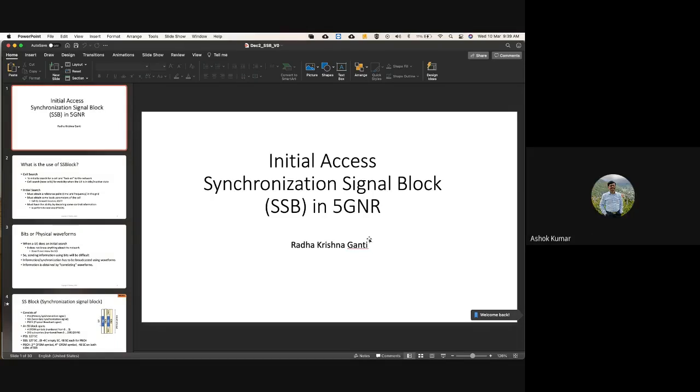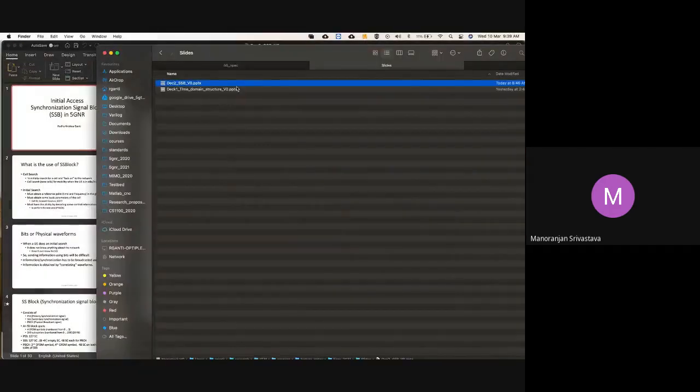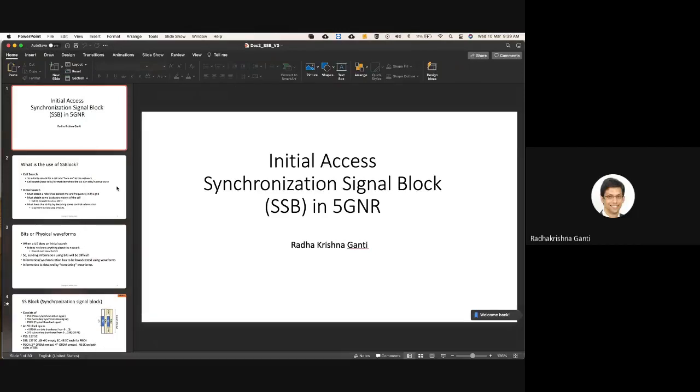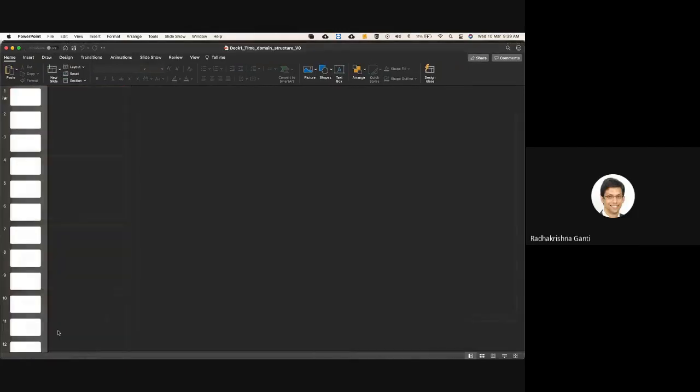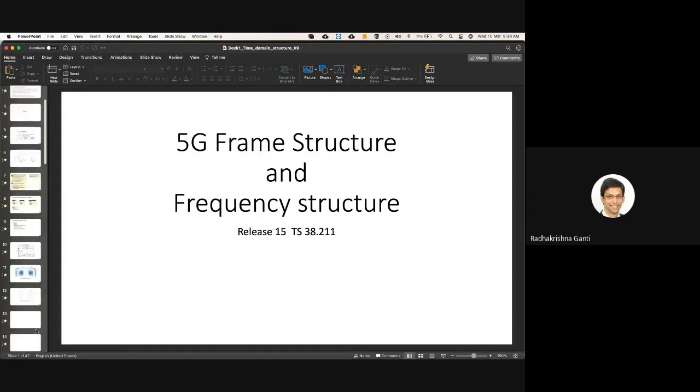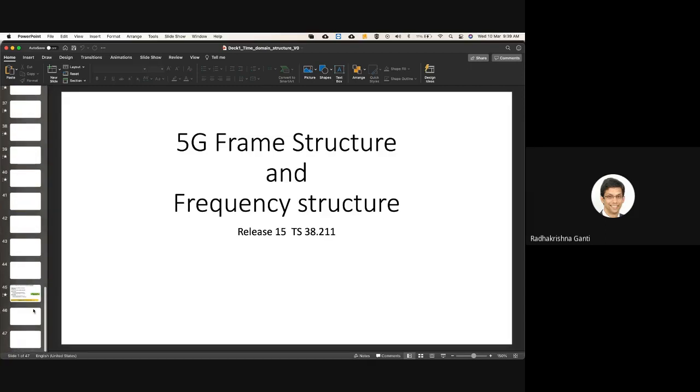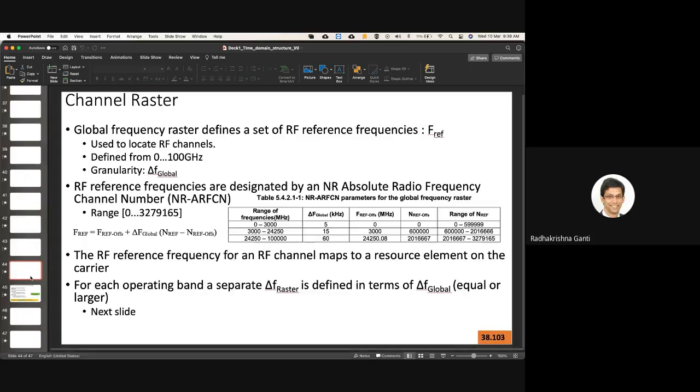On what factors could this raster depend? It should be 30 kilohertz, 200 kilohertz. So depending upon what should it be decided? Let me open the slide. Okay, it depends on the center frequencies.